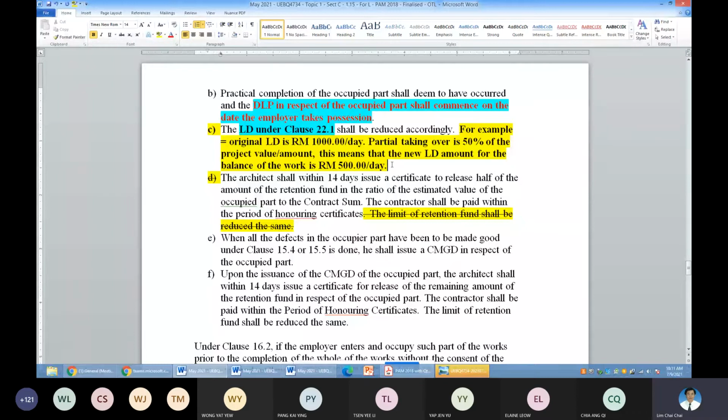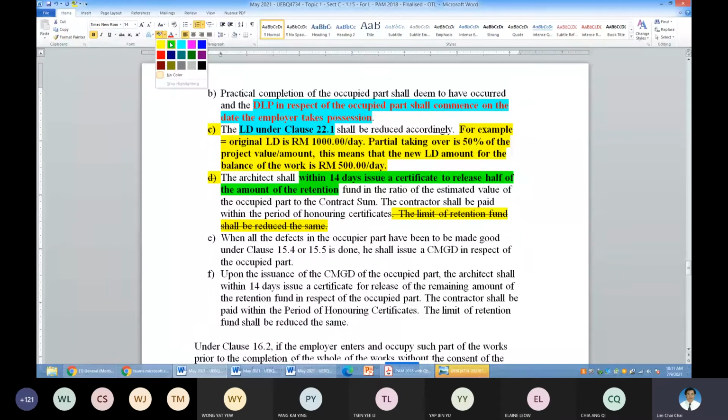Then the architect, within 14 days, is to release the retention sum upon application by the contractor. So please remember, I don't think it's automatic.